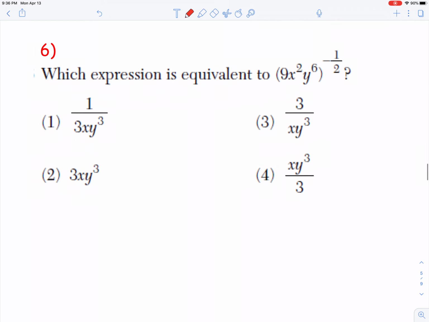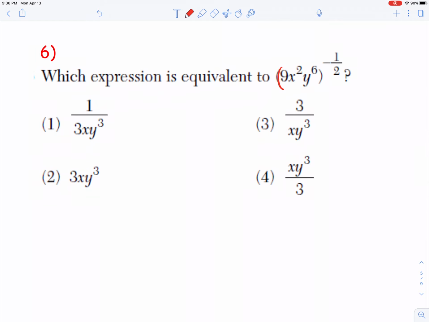Okay. Number 6, we have a power inside parentheses being raised to an outside power. Now I could do this a little differently as the negative exponent with a 1/2. So a 1/2 exponent is the same thing as just taking the square root of something. And the negative brings it to the denominator.